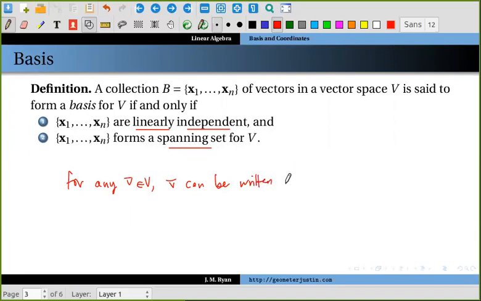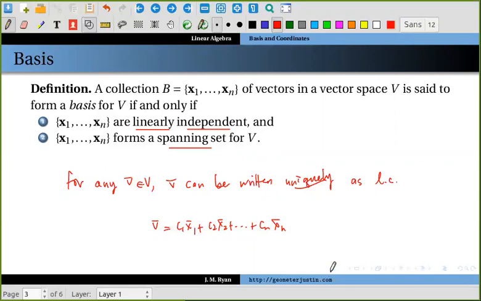Unique is the key here. It means there's only one way to do this. So v would equal c1x1 plus c2x2 all the way up to cnxn, the sum.